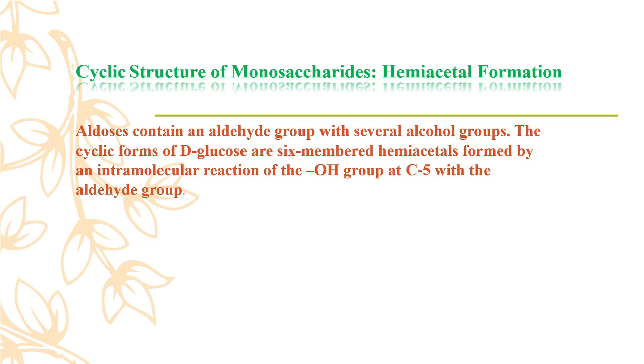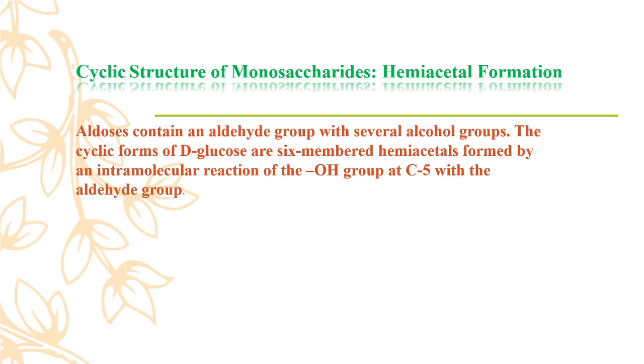If you look at the structure of D-glucose, there are 6 carbons, and the functional group is the aldehydic group, that is the carbonyl carbon, and the other 5 carbons are chiral carbons containing the OH group.